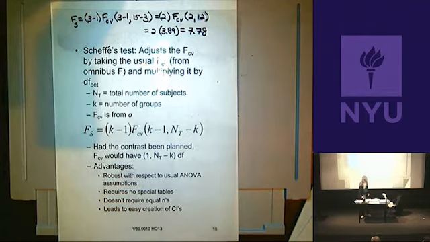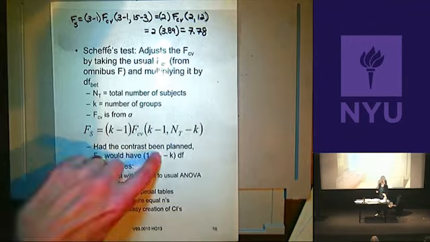All right, significant or not? But notice how much bigger that critical value is than the 4.75, right? All we've done is make that critical value bigger so that we're less likely to make a type 1 error. That's all it's doing. And it's a very simple way of doing it.